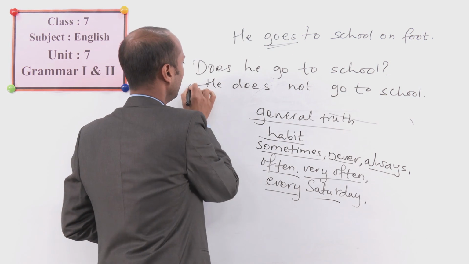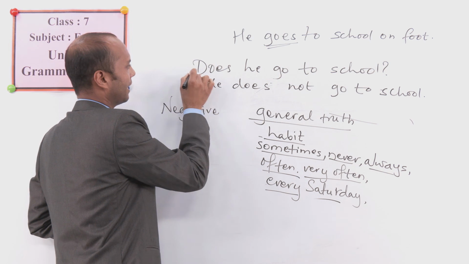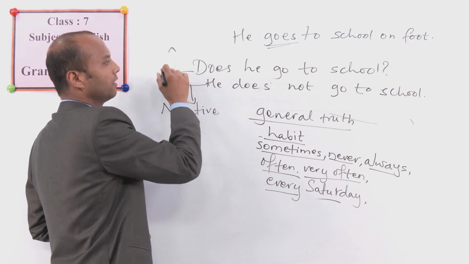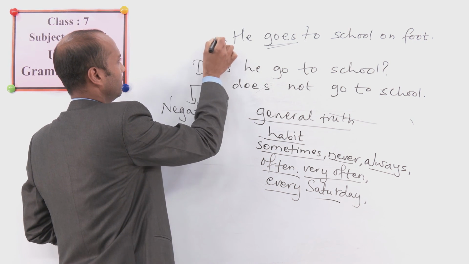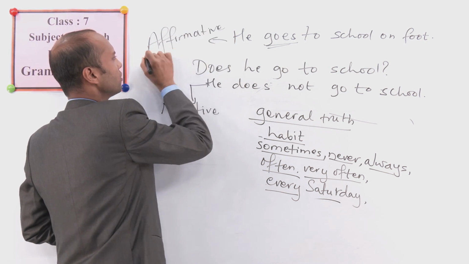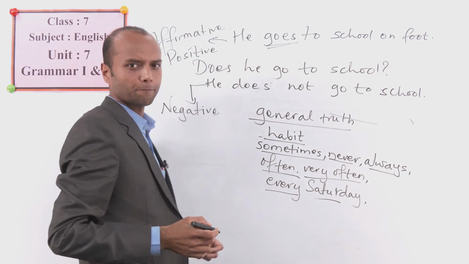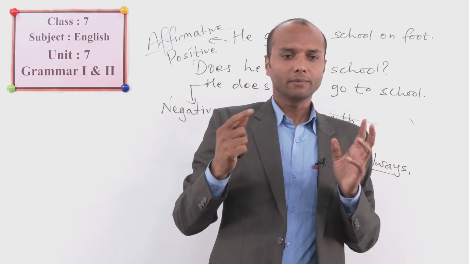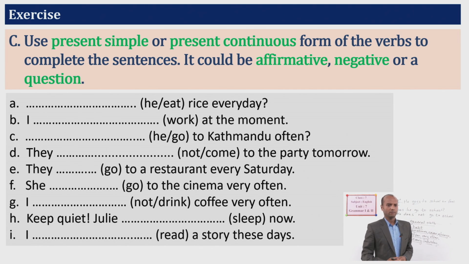So this is a negative sentence and this is an affirmative sentence. So let me write this one. This means, what is it? Positive sentence. That might be positive, that might be negative, or question. When there is a question mark in the sentence, it is a question.